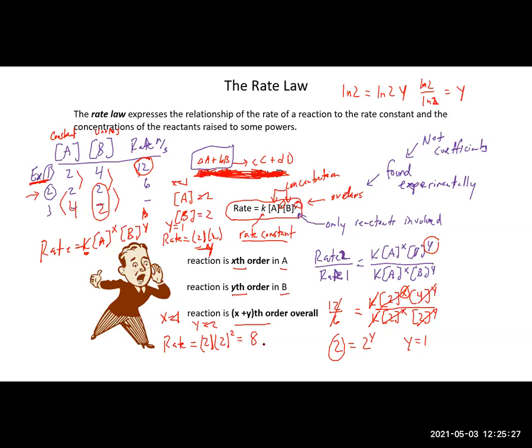Because if I also double the concentration of B in that particular case, that would give us 4 squared, which is 16 times 2. We would then go to a rate of 32, right, in this case. So if I double this guy to 4, we go from a rate of 8 in my example to basically a rate of 32, which is basically a 4-fold increase.